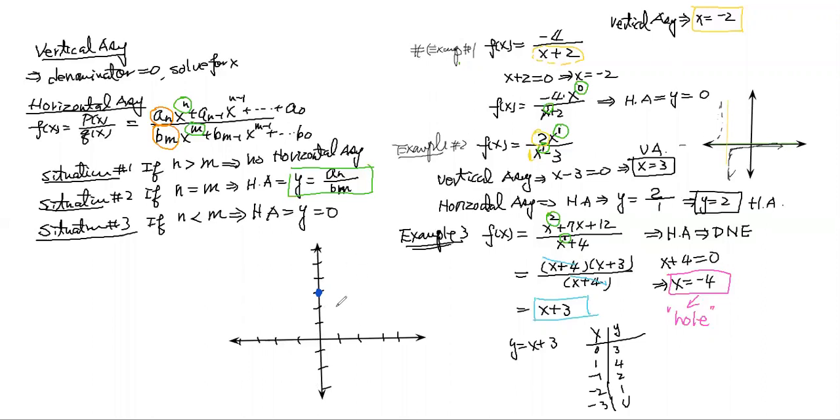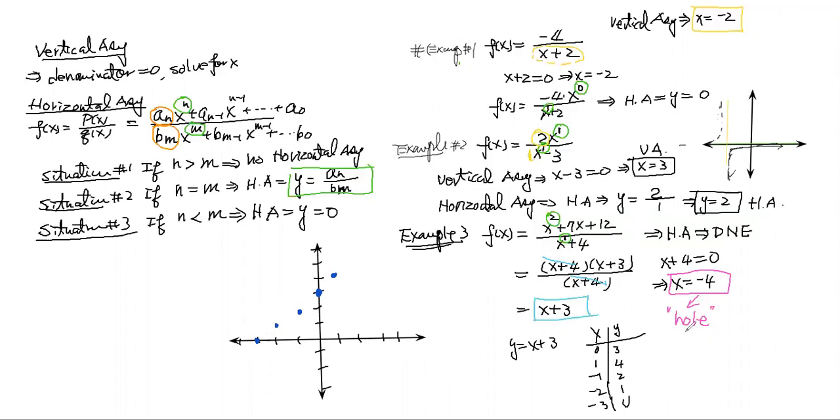Okay, so this is 0 to 3, 1 to 4, right? Negative 1 to 2, negative 2 to 1, negative 3 to 0 here, right? Then when x equals negative 4, it's not defined, all right?